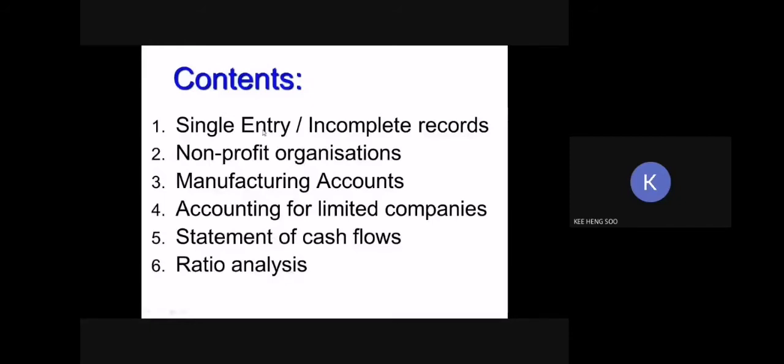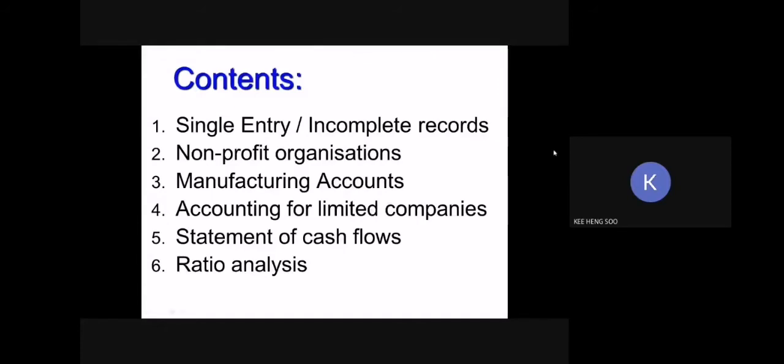Single entry, it may be 8 marks. Here, if 25 minus 8, it may be 15, 17. Or the other way round. You got it? Manufacturing account, instead of 25 marks, I may have 15 marks. Then the other 10 marks for issue of shares. You got it? So accounting for limited companies, including your statement of changes in equity. Remember that? Statement of changes in equity, how to prepare your non-financial schedule and so on. Got it?